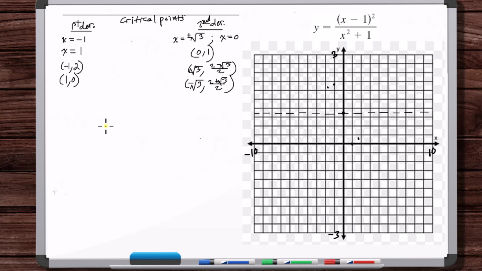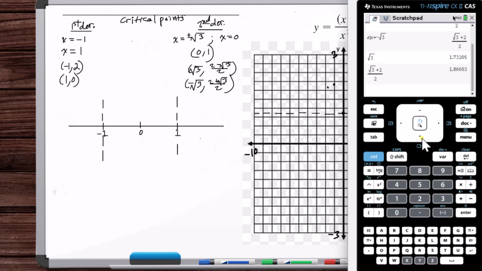So now let's get the intervals where the function is increasing and decreasing. That has to do with the first derivative, and the first derivative can only change from positive to negative or negative to positive at a first derivative critical point. So only at 1 or minus 1 can the first derivative change signs.